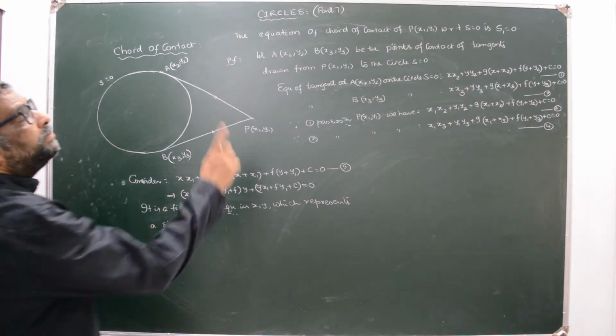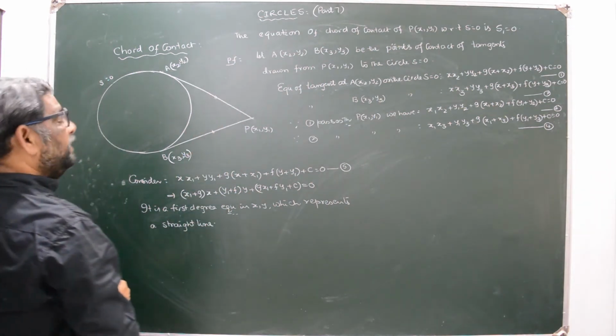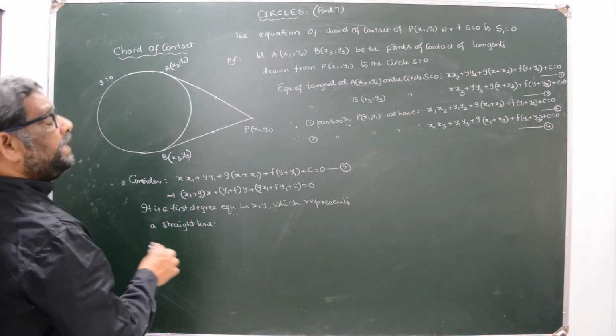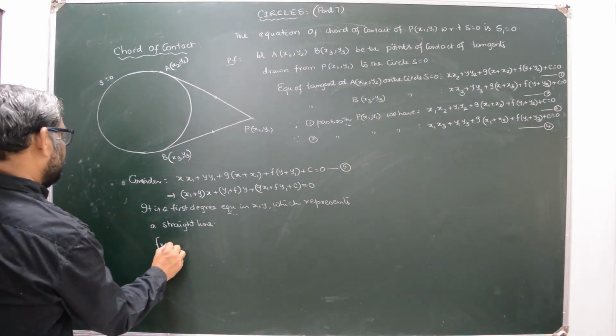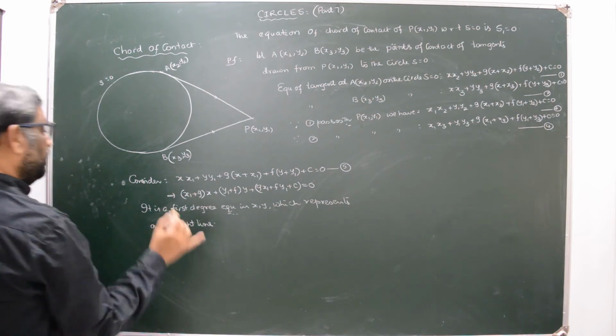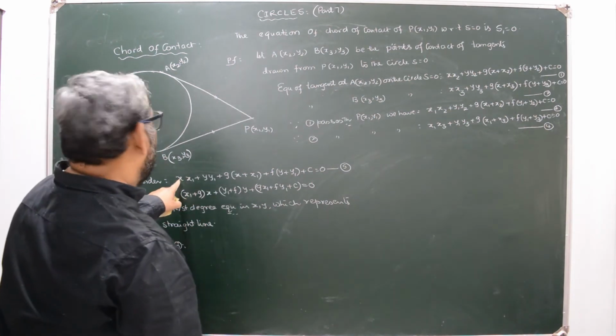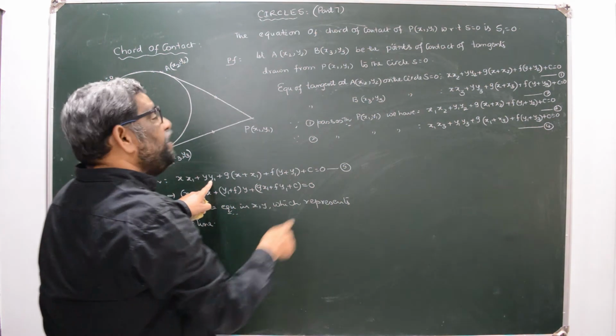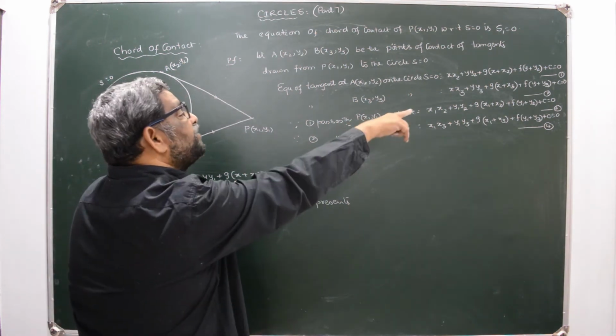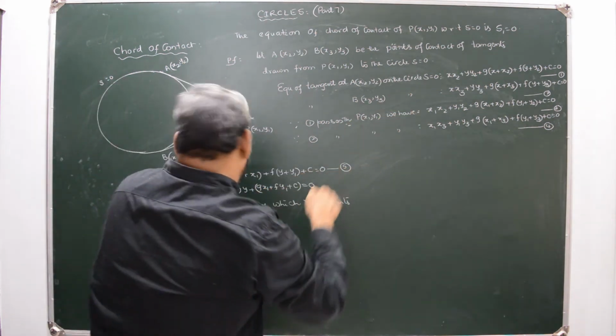Now from 3, if I write x2 here, it will become x2 x1, y2 y1 plus g into (x2 plus x1) plus f into (y2 plus y1) plus c equal to 0.